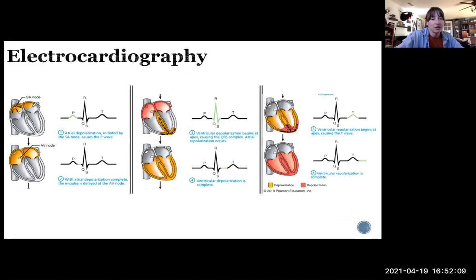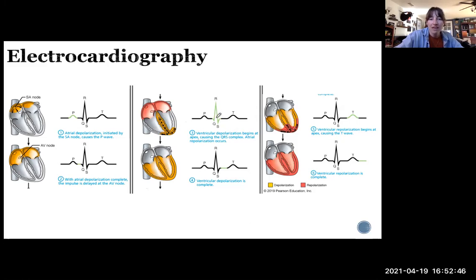The SA node sends its action potential, depolarizing the atria, right? The atria are going to contract. You have a little pause while the AV node receives the signal from the SA node. Meanwhile, the signal goes down into the ventricles through the atrioventricular bundle, the bundle branches, and then the Purkinje fibers throughout the muscle of the ventricles.